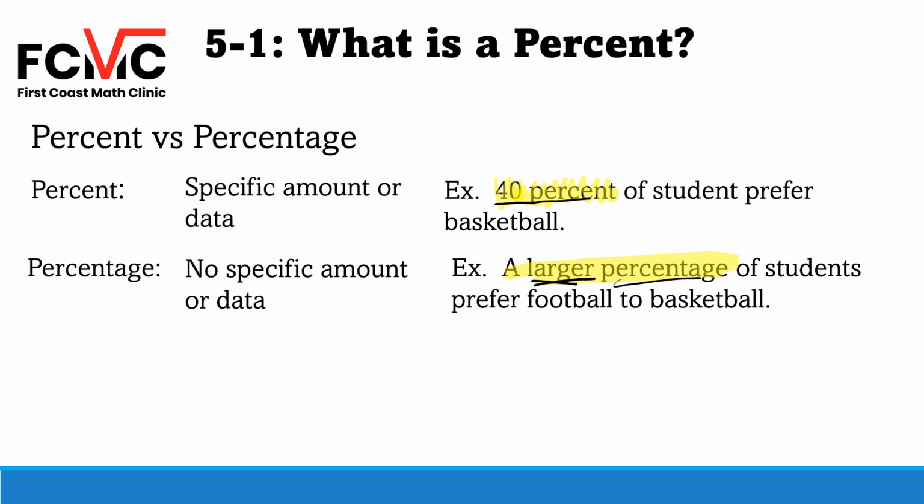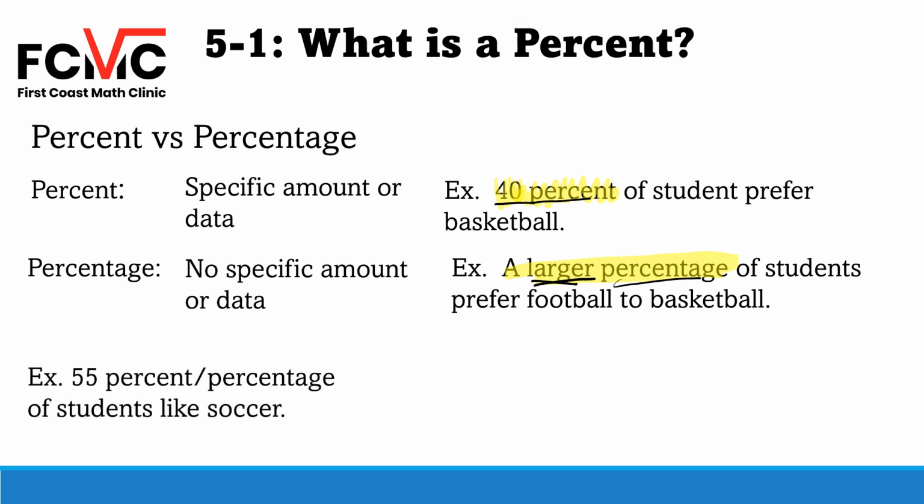So let's get into a couple examples. Let's say that for this first example, we want to choose between percent and percentage. We say 55% or percentage of students like soccer. So what should we say there? Well, if we say 55, we're giving a specific amount or specific piece of data. And since we have a specific piece of data, we should use percent, not percentage.